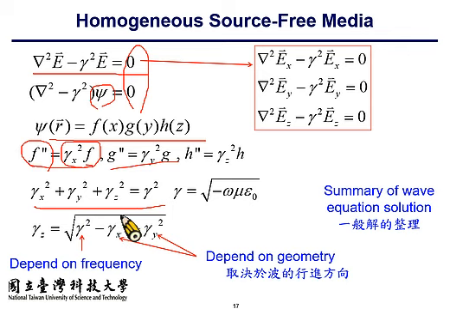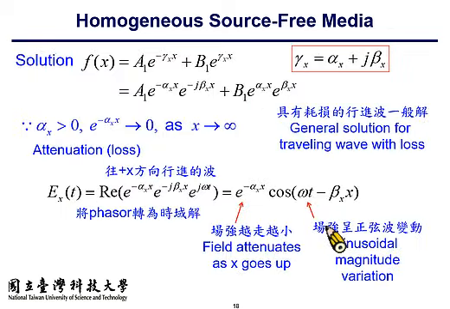summation of its projections on the x, y, and z axes. Okay, so this is the relationship of the projections. So the solution, again, because the propagation constant is a complex number, you have the real part and imaginary part. The imaginary part stands for phase variation, while the real part stands for attenuation.